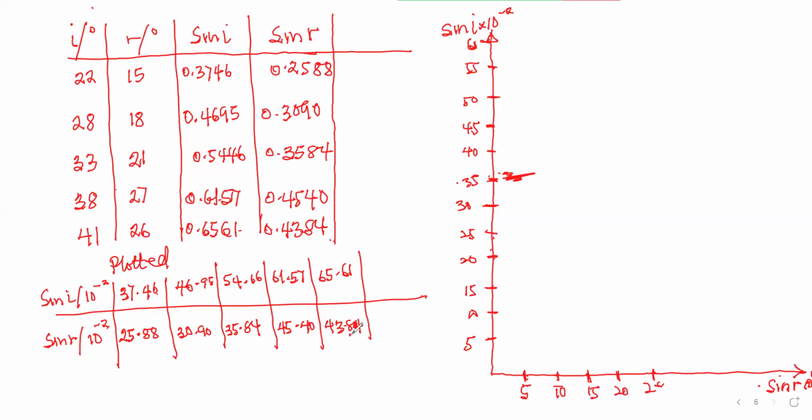And my maximum is 45, so I can be able to plot. The only thing is that here too, I will only plot when I get to 25. So my first point will be here. The next will follow on and on. Please, is there any question up to this stage?